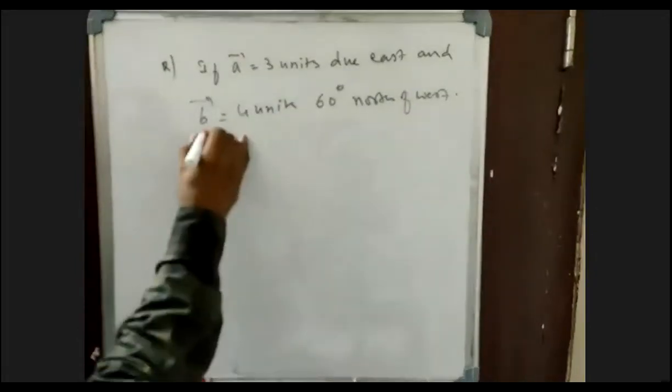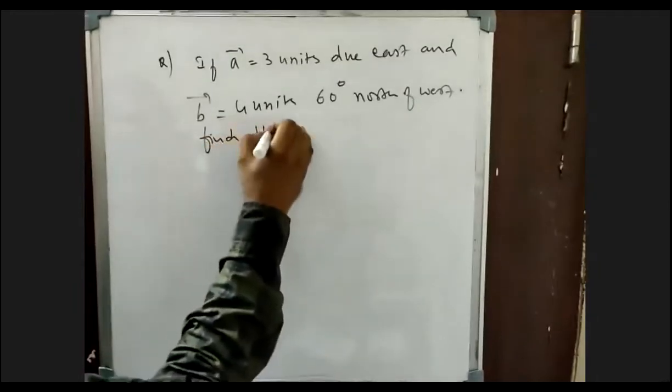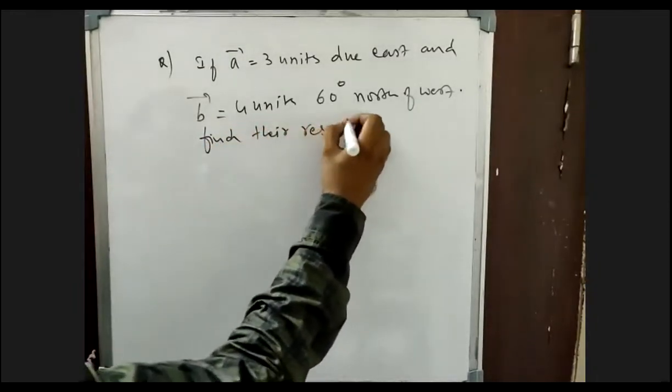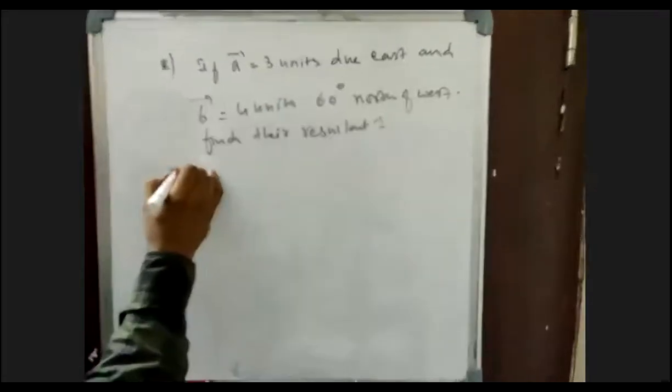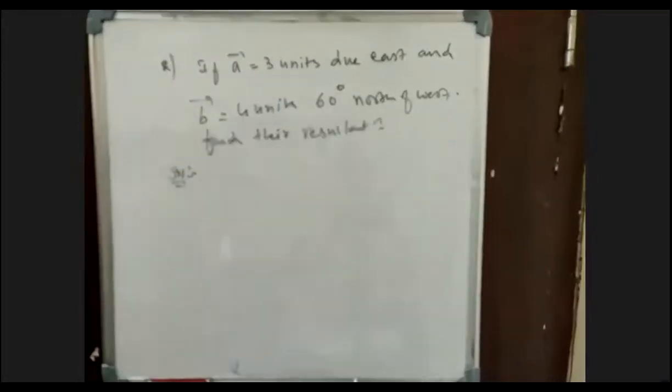Find their resultant. Come on, try to do it. If a bar is equal to 3 units due east and b bar is equal to 4 units 60 degrees north of west, find their resultant.